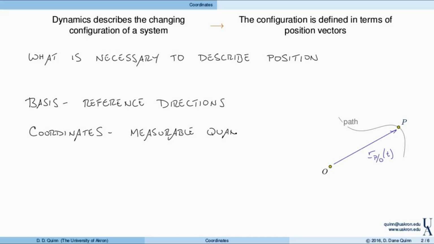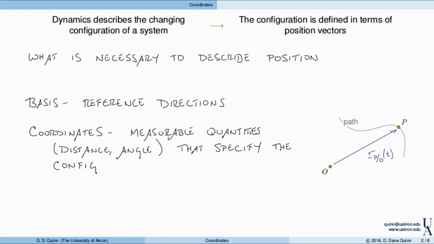Examples of coordinates are distance, and angles. They're measurable quantities that are used to specify the configuration of the system, again, where a system is at. Or in this case, where the material point P is with respect to O.